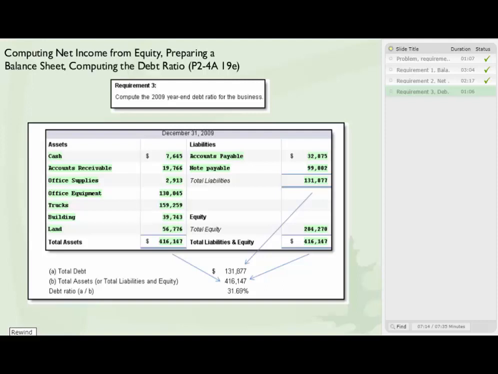So when we divide the total debt of $131,877 by the total assets of $416,147, we come up with a debt ratio equal to 31.69%.